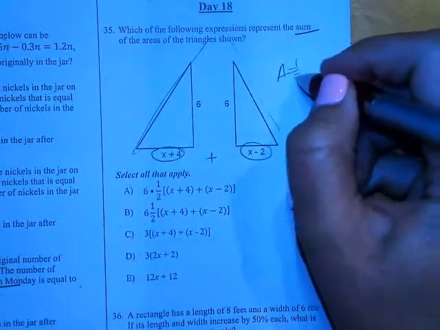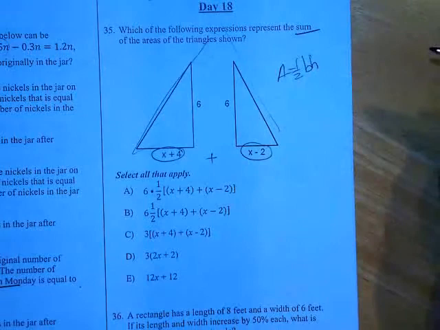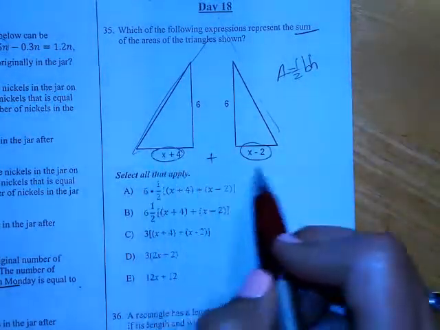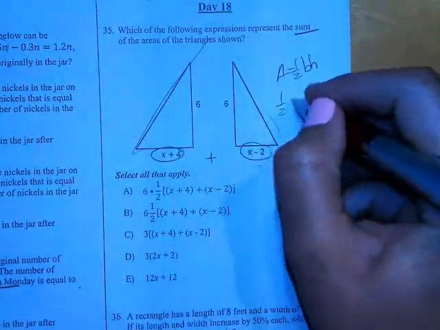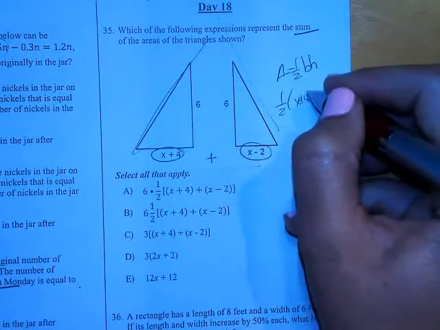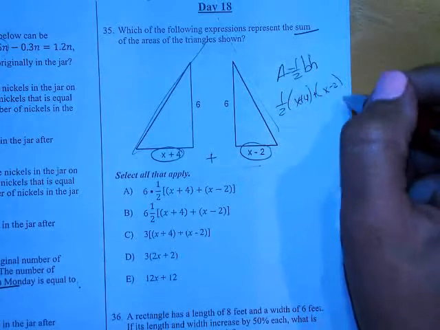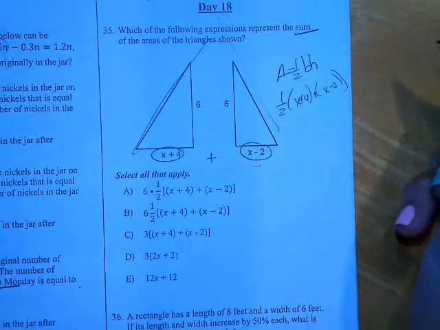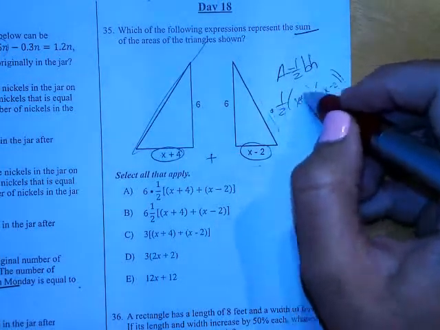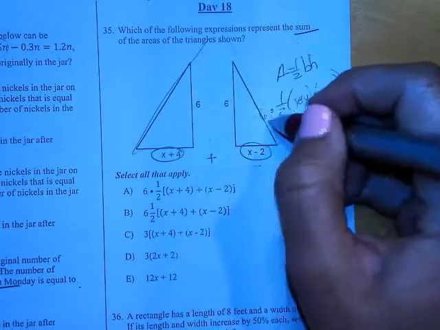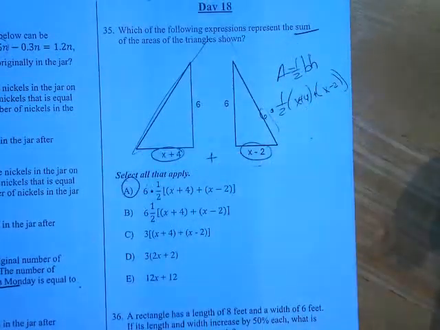Formula for the area of a triangle is 1/2 base times height. So this becomes a new base. So it's 1/2 times (x plus 4 plus x minus 2), close it up, and then all of this is multiplied by the height of the triangle. That gives me option A.